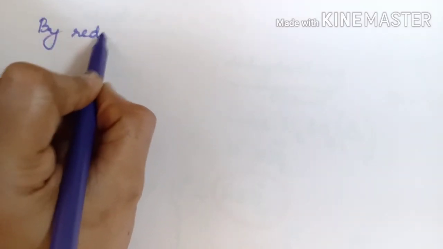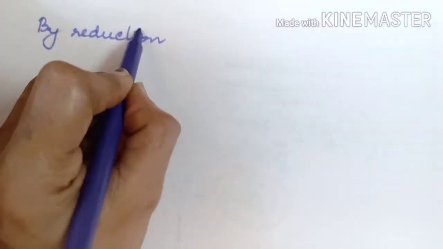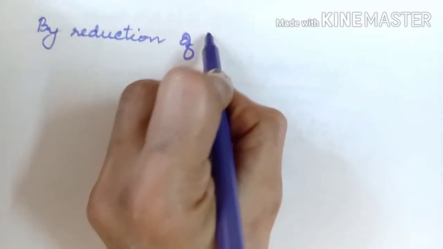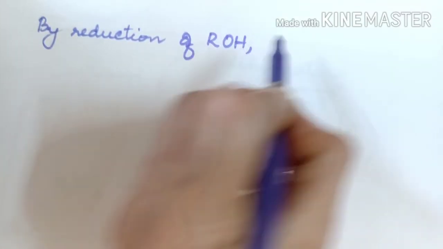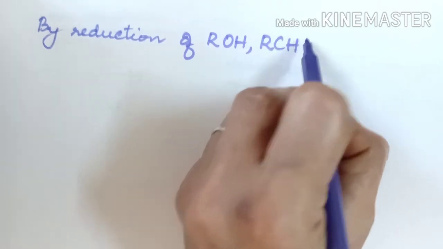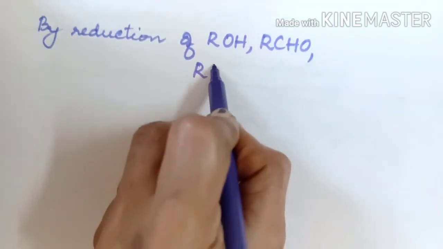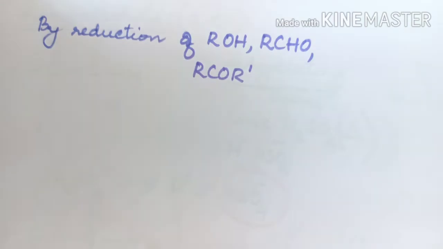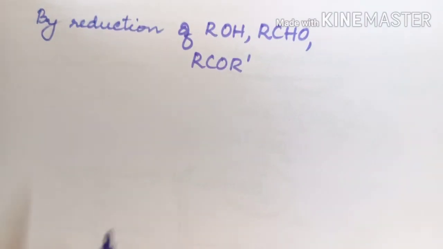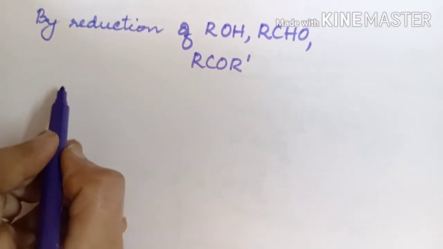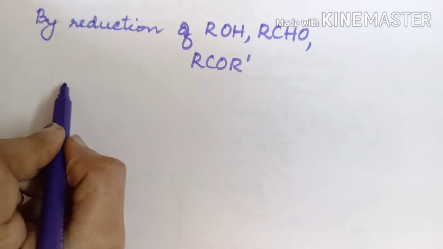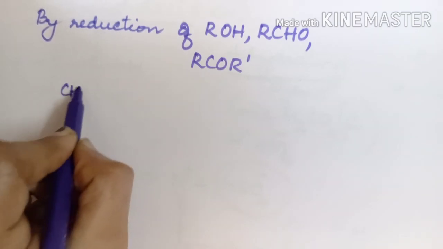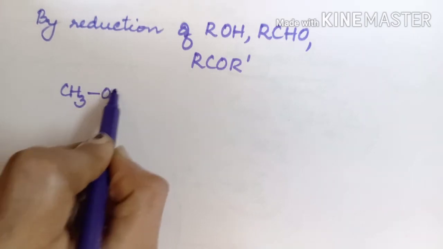Alkanes can also be prepared by the reduction of alcohols, aldehydes, or ketones. So if you take the alcohol, suppose we are taking methanol as the reactant.